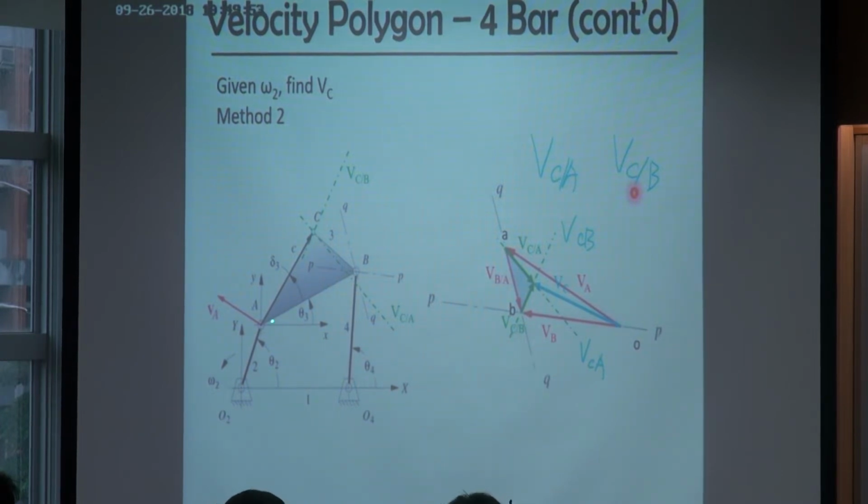And also this line CA and this VCA are perpendicular. So all three sides of this triangle are perpendicular to the sides of this triangle. So these two triangles are similar. The only difference is the scale is different, and also the orientation is different. You rotate this one by 90 degrees, and you can get this one.